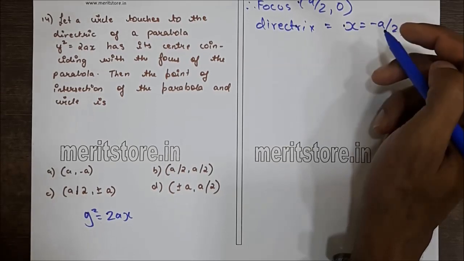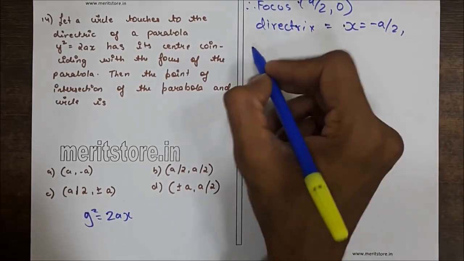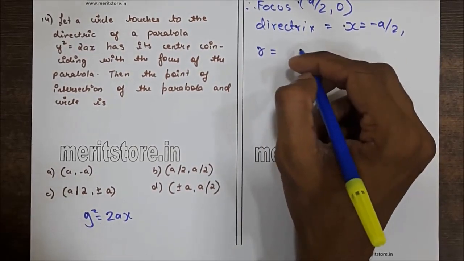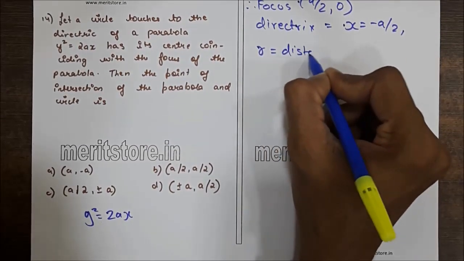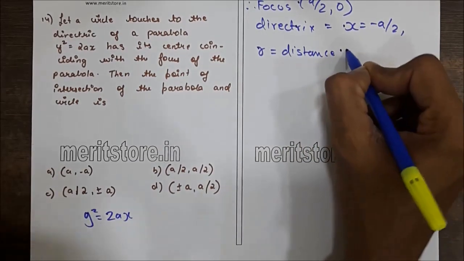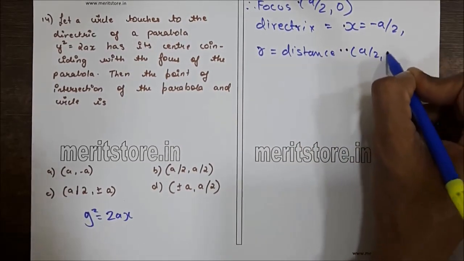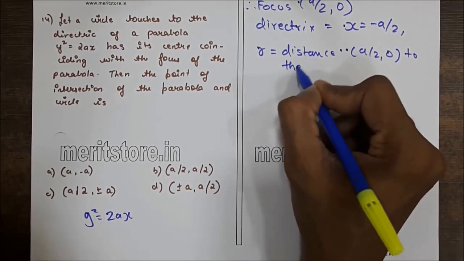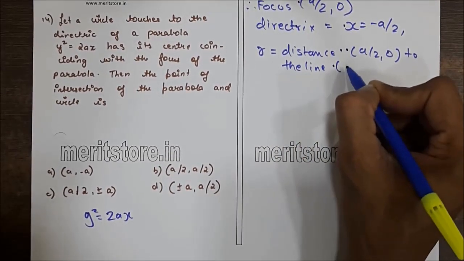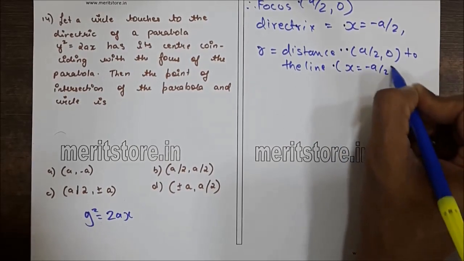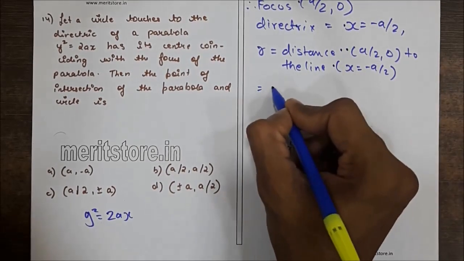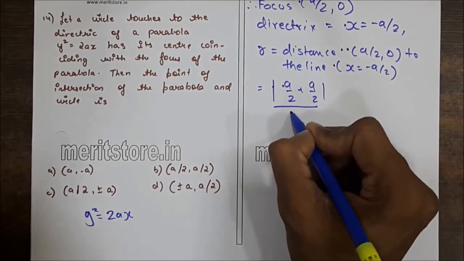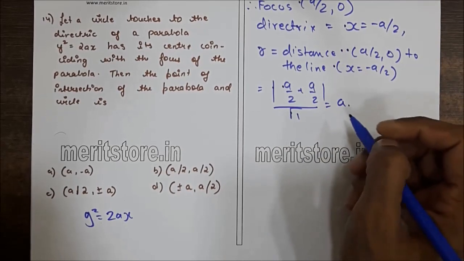As the circle touches the directrix, the radius of the circle, that is r, is equal to the distance from the point a by 2 comma 0 to the line x is equal to minus a by 2. So we have modulus of a by 2 plus a by 2 upon root 1, which is equal to a.